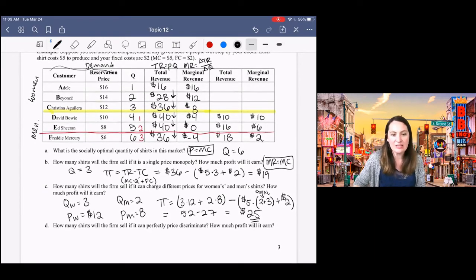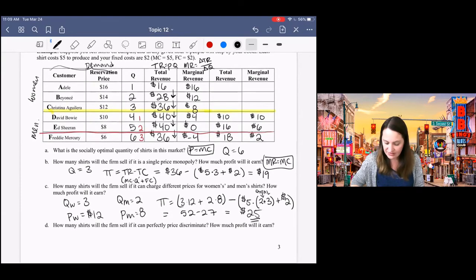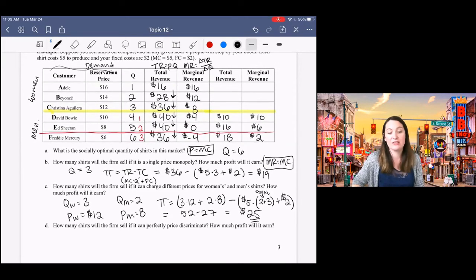All right, so the last question then here is, how many shirts will the firm sell if it can perfectly price discriminate, and how much profit will it earn? So the firm here now, if it can perfectly price discriminate, that means it can charge a different price to each individual consumer.